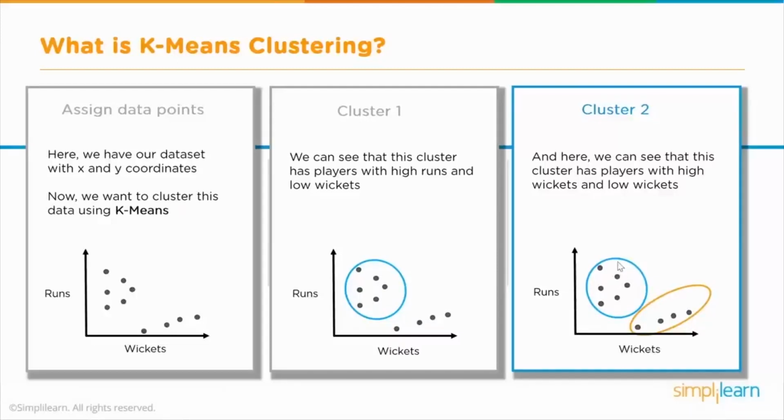So we need to have a cluster which consists of people who have scored high runs, which is basically the batsmen, and then we need a cluster with people who have taken a lot of wickets, which is typically the bowlers. There may be a certain amount of overlap, but we will not talk about it right now. So with K-means clustering, K is equal to 2, and we will have 2 clusters, which is batsmen and bowlers.